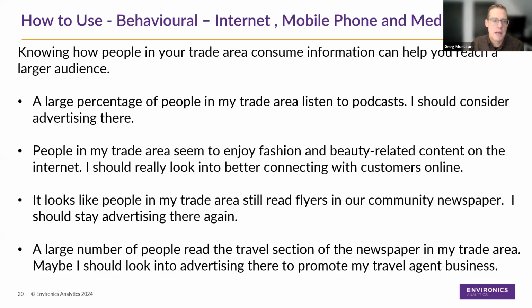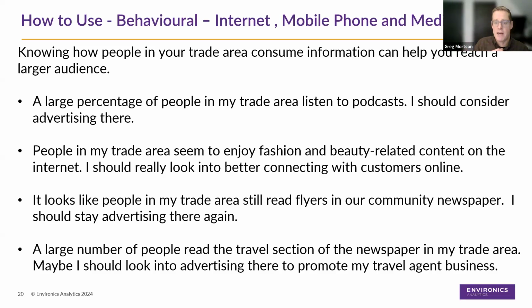For example, you can also get from this section of the report who listens to podcasts. Maybe people in my trade area really like them. Should I consider advertising there? Do people enjoy fashion and beauty related content online? That's another piece of information you'll get. Should I be trying to connect with more consumers there on an online channel?